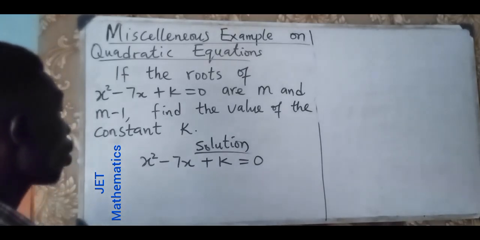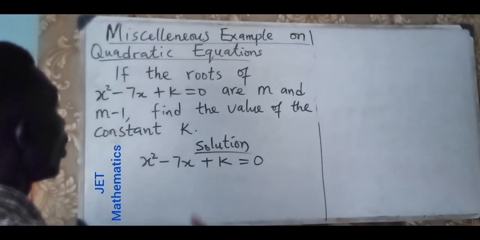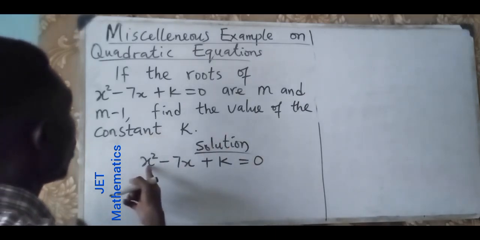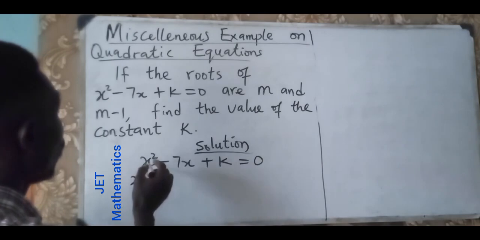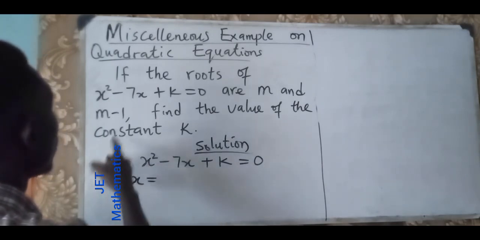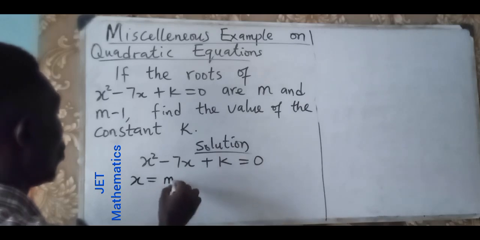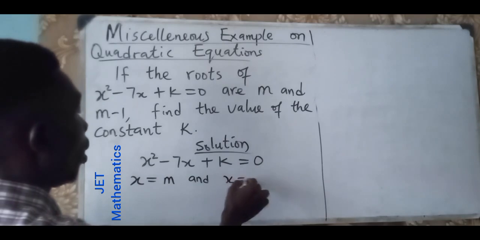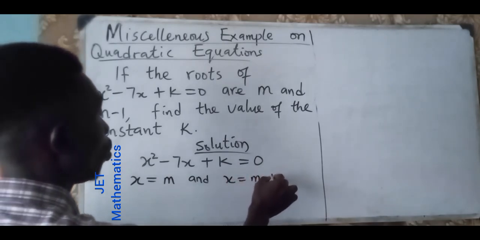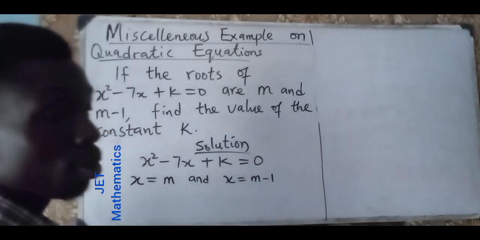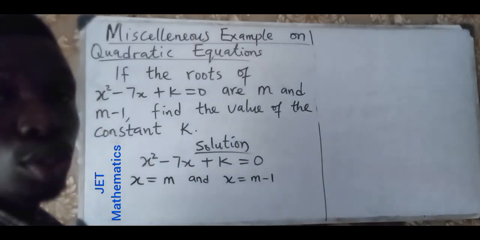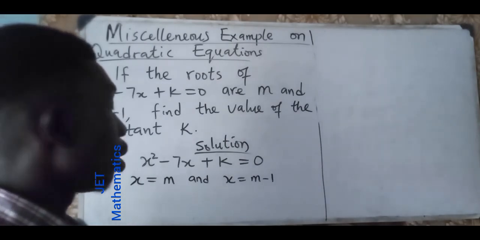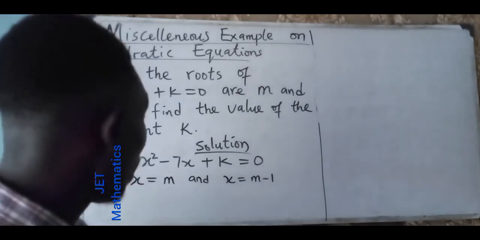So we know that the constant is k, but given that the roots of this function are m and m minus 1.